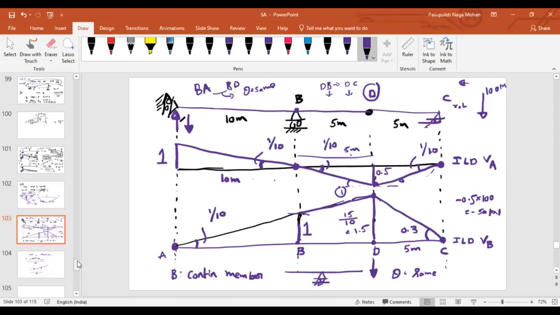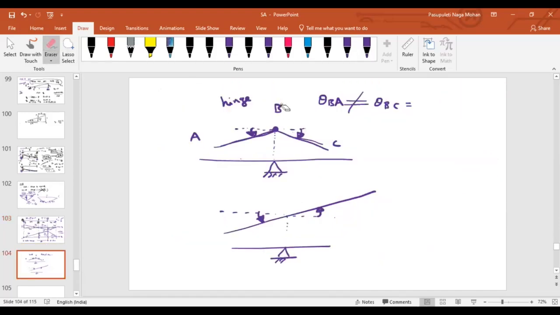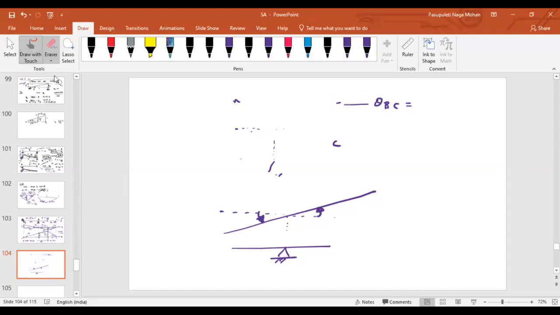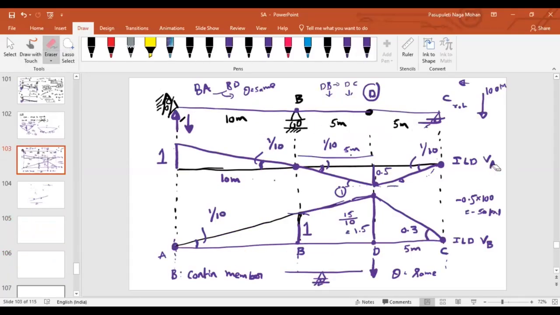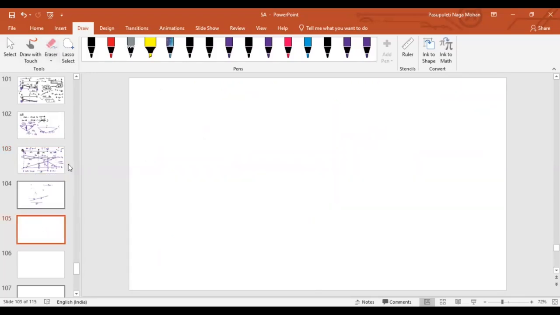A to B, it will be 0. D to B. Can I erase VA and replace it with VC, or can I draw it somewhere else?